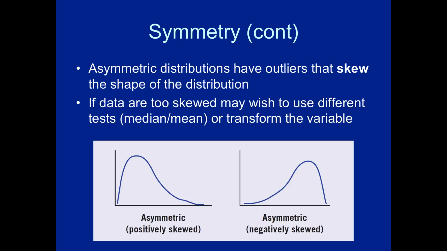If you do the same thing, and it looks like that, you can draw the circle over here. So this would be a negatively skewed distribution. But they're both asymmetric.